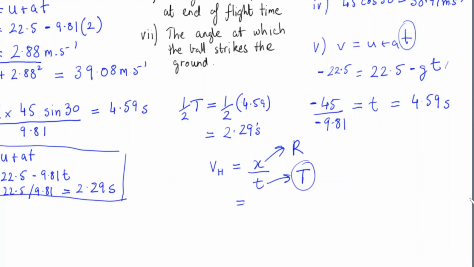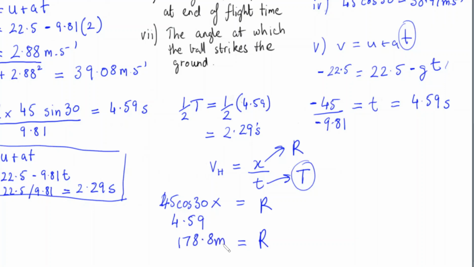So we can plug in r, which is our unknown, vh, which is just 45 cos 30, times the time, which we know is 4.59, and that'll give us our range.